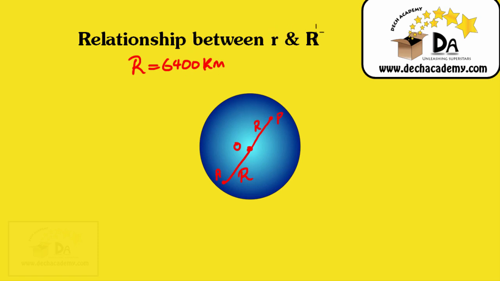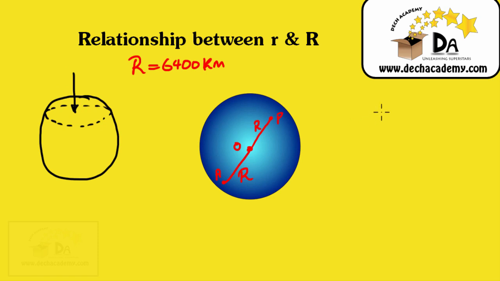So we're trying to find a relationship between big R and small r. I've told you what small r is. Let's draw another rough sketch of a sphere, with a line of latitude that's not the equator. From the top view, all you have is a circle, right? And the radius of this circle is small r.